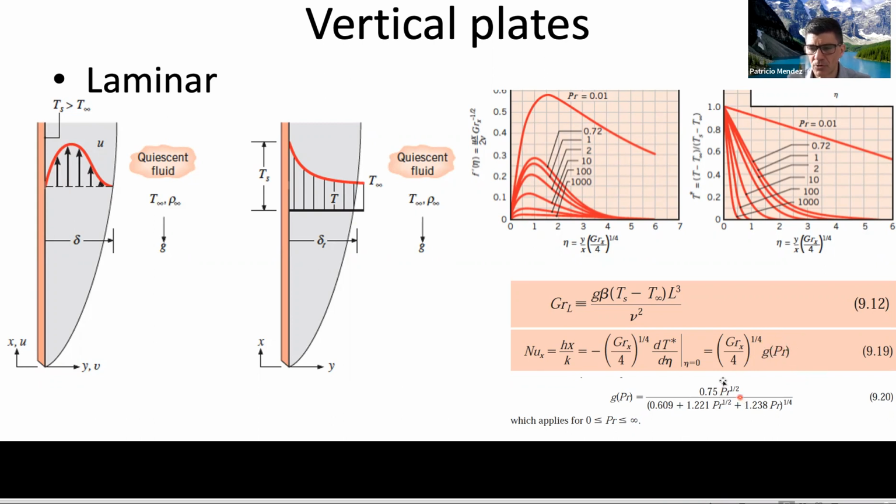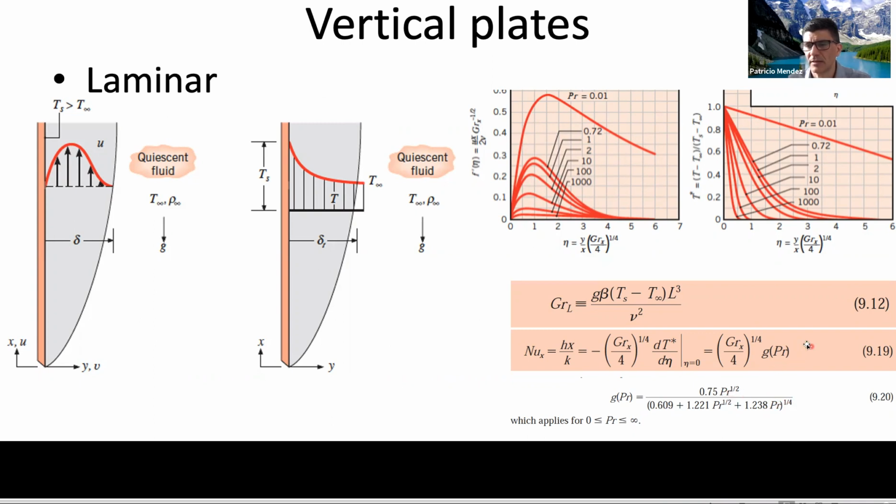And this function g is explained here. And what do we see? That when Prandtl tends to 0, as it would be the case of a molten metal, these two parts would go away, and we would have Prandtl to the 1/2, similar to what we have seen before for molten metals. Now, if Prandtl is very big, such as the case of oil, this term here is what is going to dominate, and it is Prandtl to the 1/4 that gets abstracted to this.